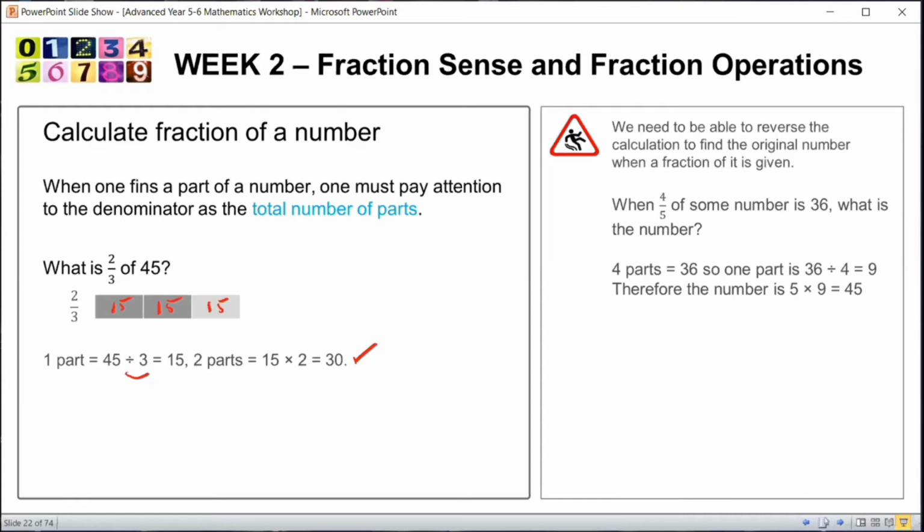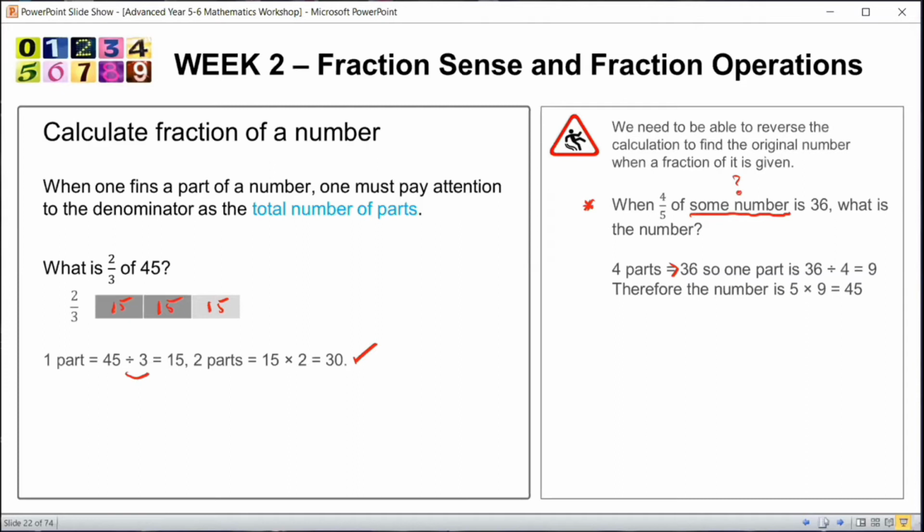But the bit you need to be careful with is that a lot of the time you need to be able to reverse the operation. Let's have a look at this. When 4/5 of some number, something you don't know, is 36, what is that number? You see 4 parts give you 36, so 1 part is 36 divided by 4, which is 9, and then you times it.